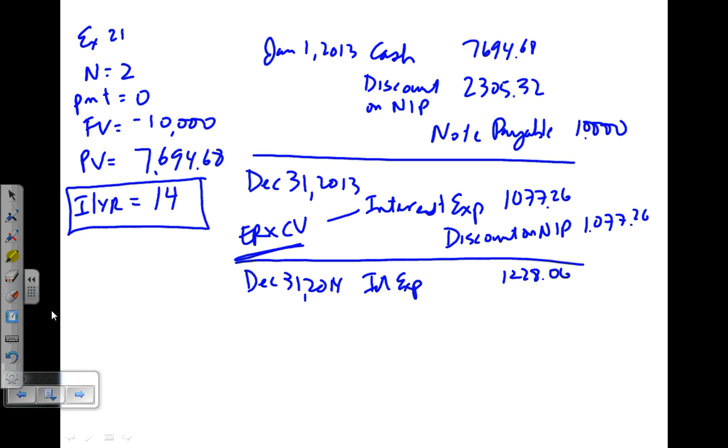Remember, what that's going to represent is the carrying value, and the carrying value for that second year is the 7,694.68 plus the amortization that we did the previous period, 1,077.26. We could have also done this by taking 10,000 minus the unamortized discount. You can do it either way here.